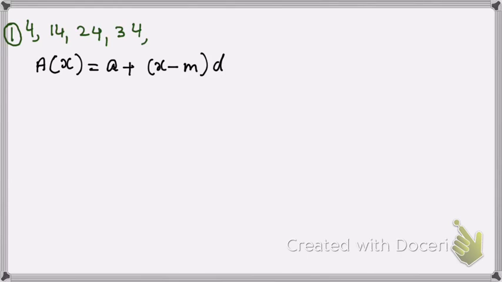When you look at this equation, you know certain things in it. You know what a is, you know what x is, and you know what d is. So a is the starting number.